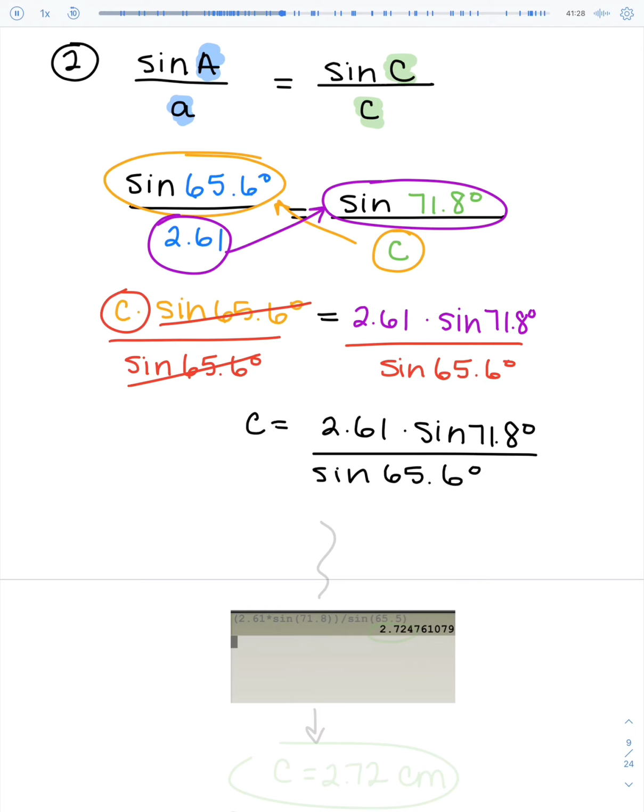And again, we need to plug this into our calculator to figure out the real value of this. So continuing along, using our calculator, we find that if we round, side C is 2.72. And again, remember all the other sides were in centimeters, so this one will be too.